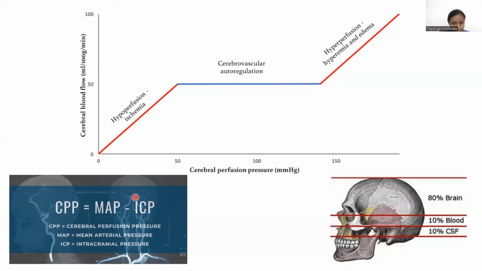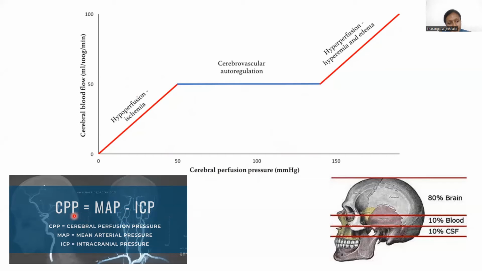Because it's a confined space, the pressure goes up. ICP goes up. Our body physiology is such that the cerebral perfusion pressure is auto-regulated. The brain regulates its blood flow by itself. Blood flow stays at the same level even though your cerebral perfusion pressure has changed from 50 to 150.